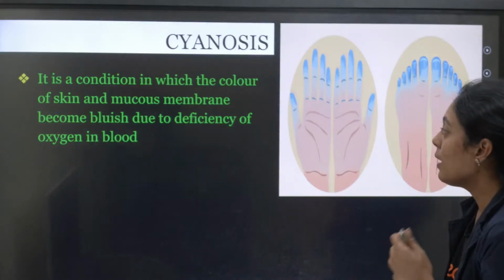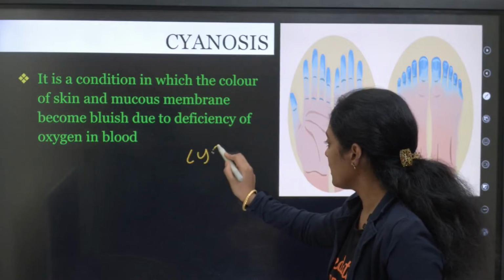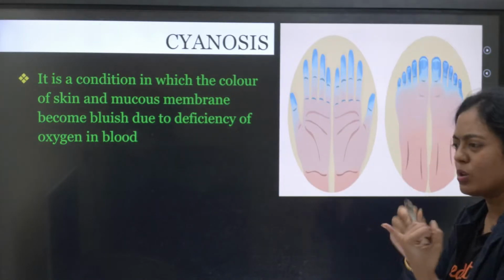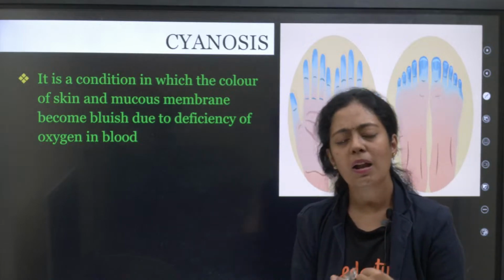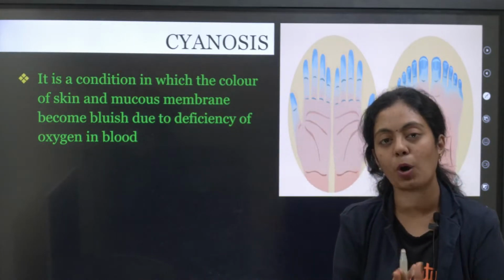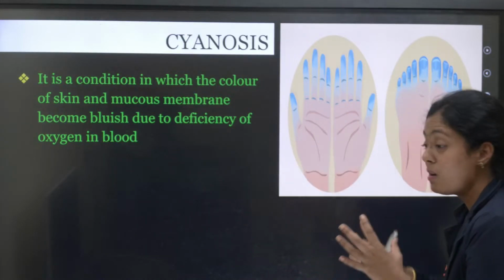Then you have cyanosis. What is cyanosis? Cyanogen poisoning. It basically happens in two situations: one, when you are exposed to cyanogen, and the other, when there is very little oxygen in your body. Then automatically your body will turn blue.